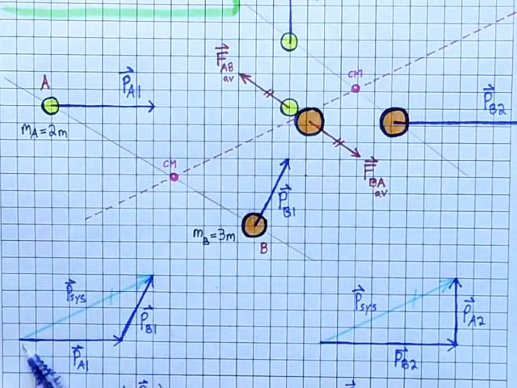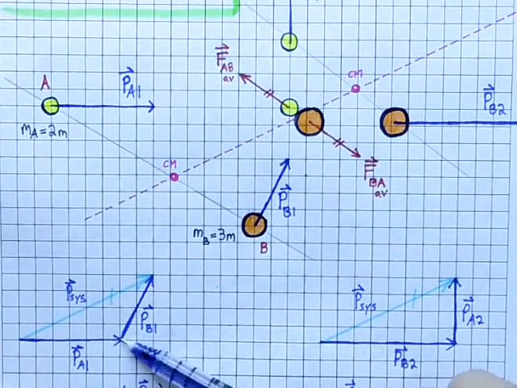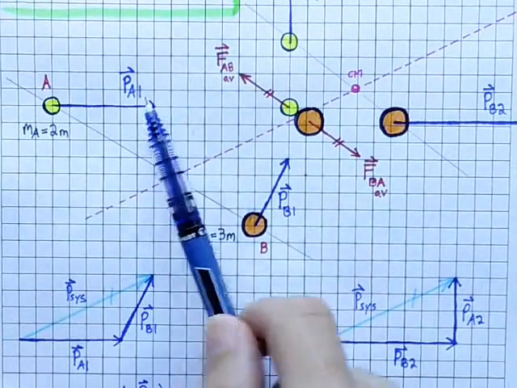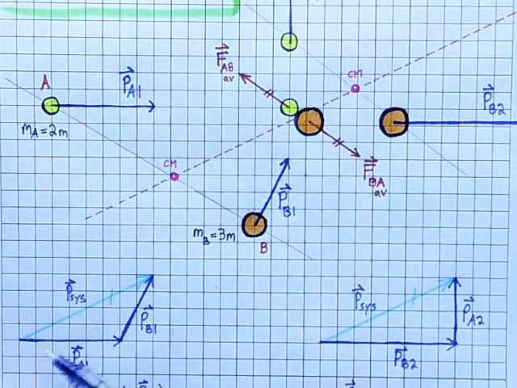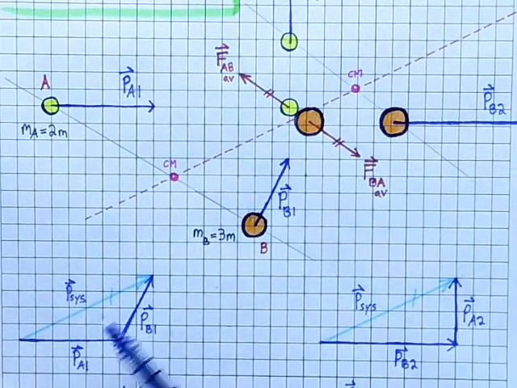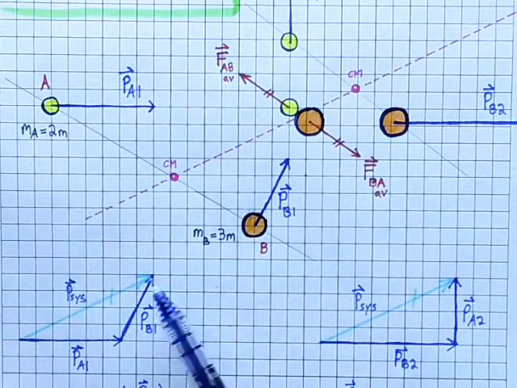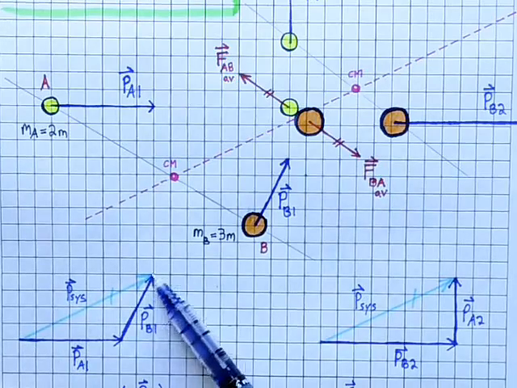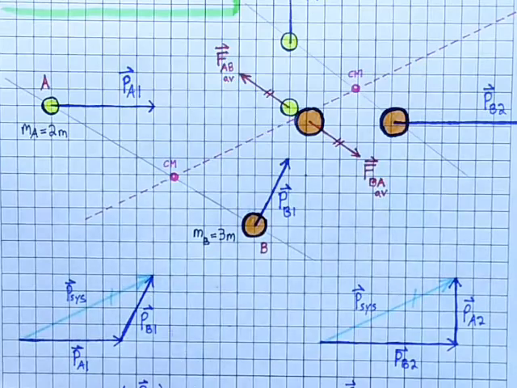That would be the momentum of A beforehand plus the momentum of B beforehand, PA1 plus PB1. So this vector here plus that vector there, line them up head to tail, and the sum points from the beginning of that chain to the end of that chain. Here in light blue is a vector representing the total momentum of the system before the collision.